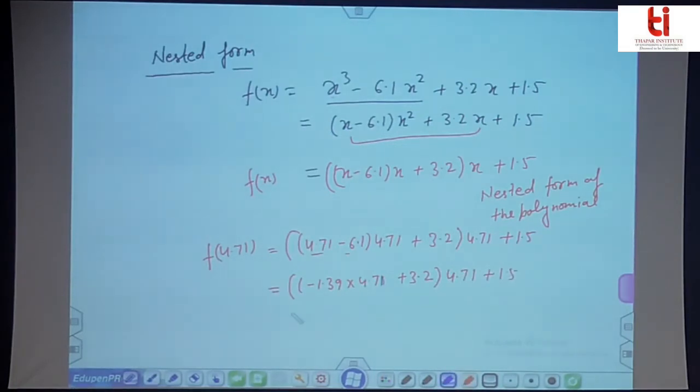So we are getting the value minus 6.5469 after multiplying this term.